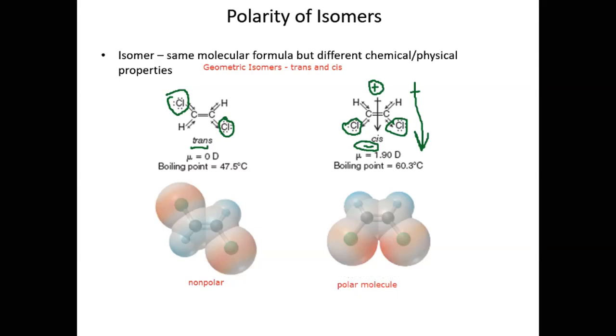And notice the difference in boiling point. So when you have comparable, same-size molecules, the polar one is going to boil at a higher temperature than the nonpolar. So a polar molecule compared to its nonpolar counterpart is going to have a higher boiling point. And this is trans and cis. So trans is always nonpolar, cis is always polar.